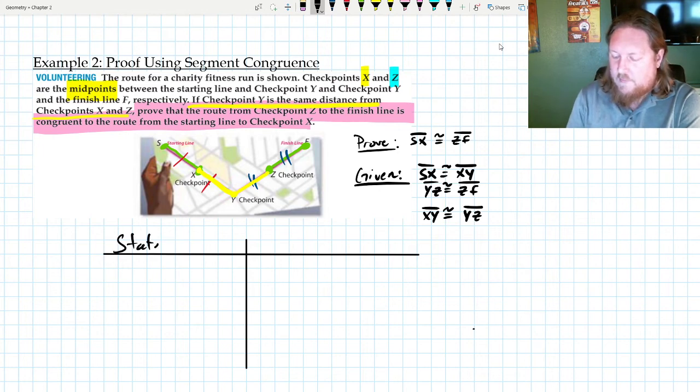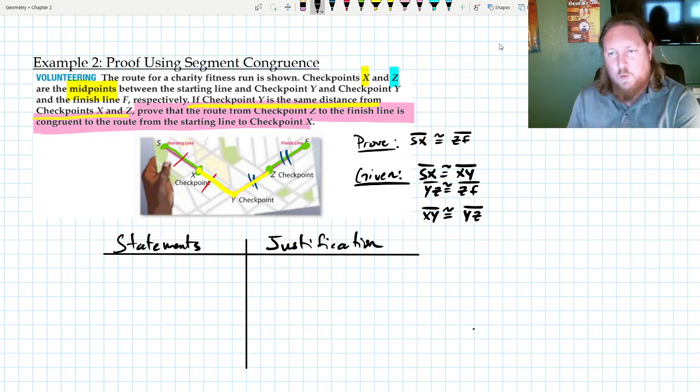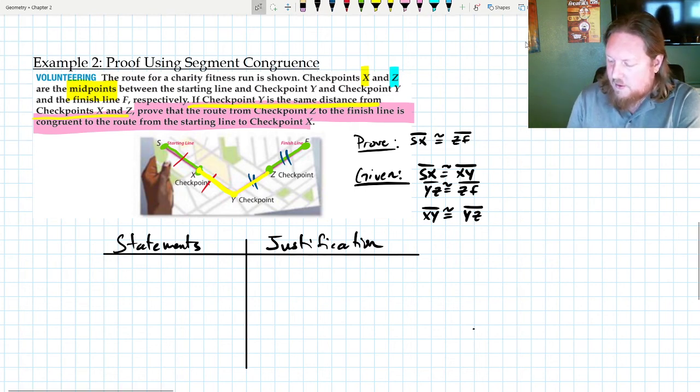So here on our left we have our statements. And I've been using reasons this whole time, but you can also use the word justification. The justification is the rule of logic that we're using for our deductive reasoning. Let's start listing off what we know. We got a bunch of segment congruences.